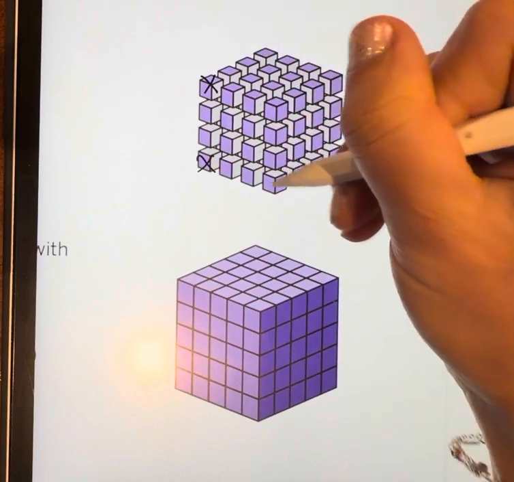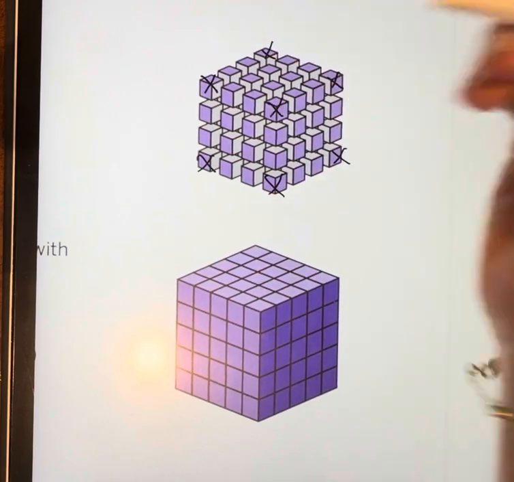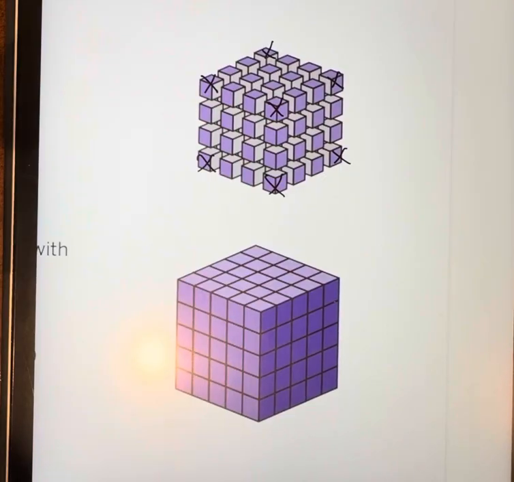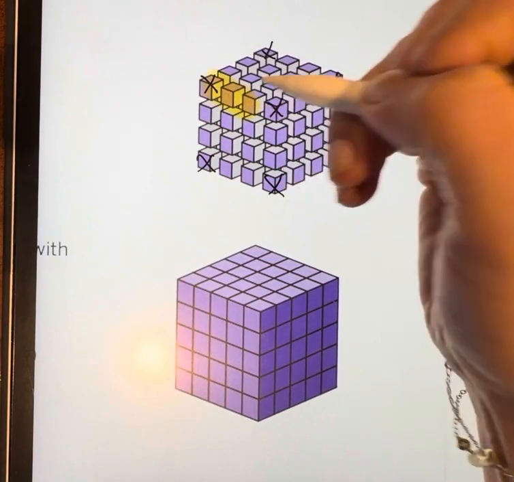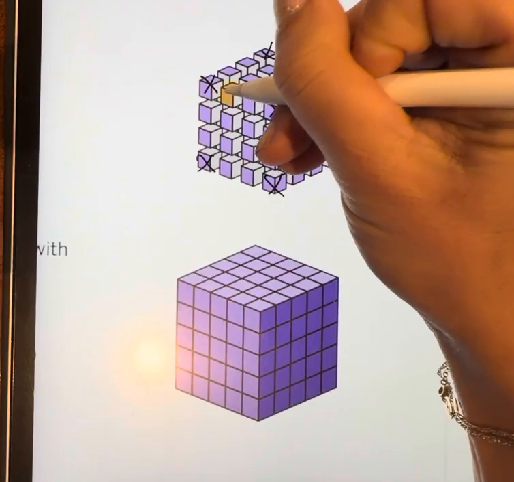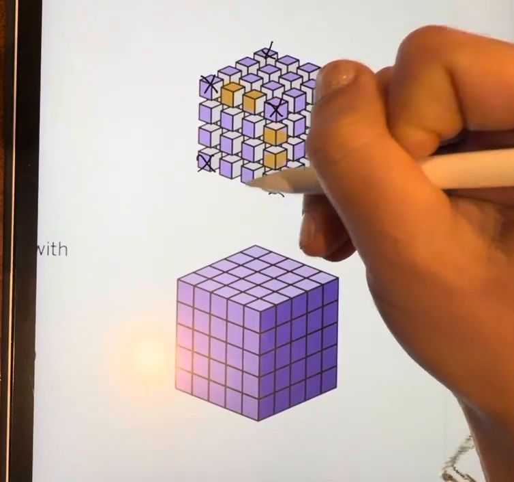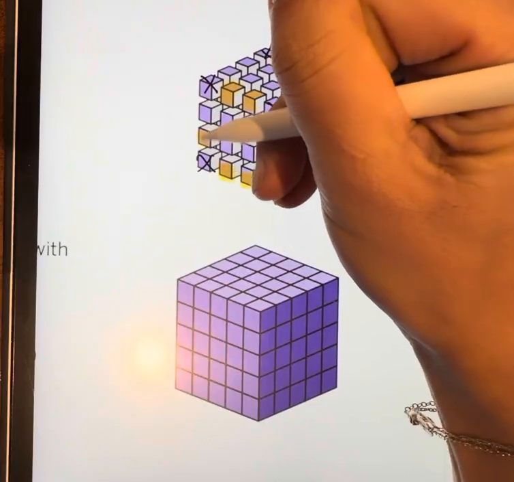that, or that, or that, or the one that we can't see in the back. The ones with 2 are these. See? 2, 2, and then 2, 2, 2, 2, 2, 2.